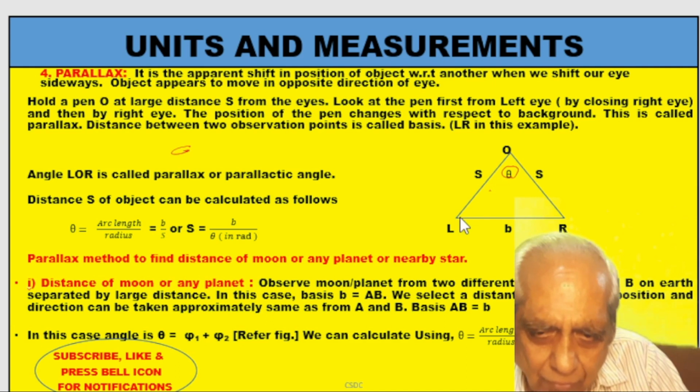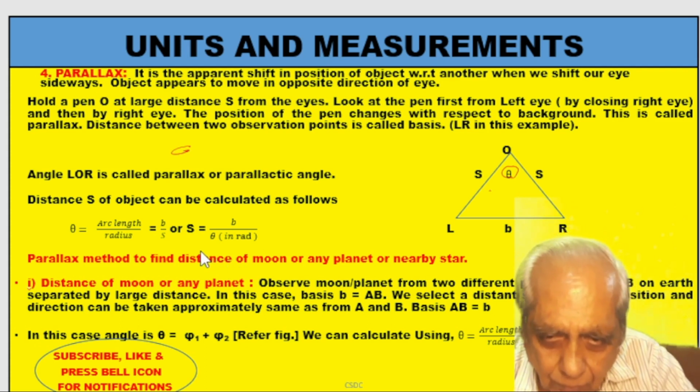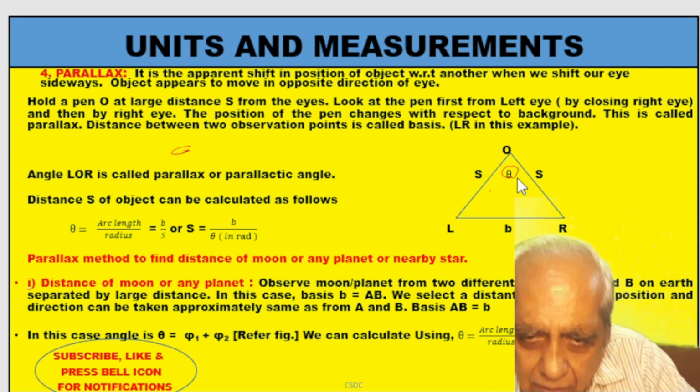So when we are seeing a far off object from two different positions, then this angle gets formed. Is it okay? Now, what is the value of this angle? How is it related to various terms?